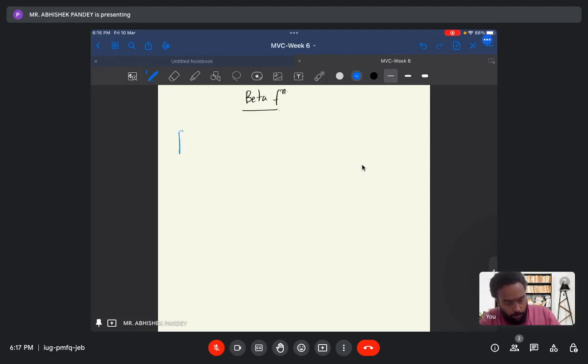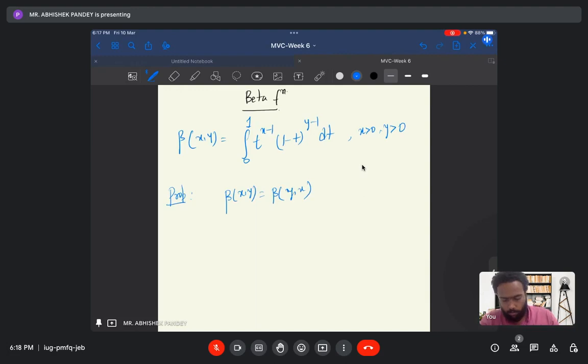Beta of x comma y is defined as the integral from 0 to 1 of t to the power x minus 1 times 1 minus t to the power y minus 1 dt, where x is positive and y is positive. Some of the properties are: this is a symmetric property, beta of x comma y equals beta of y comma x.